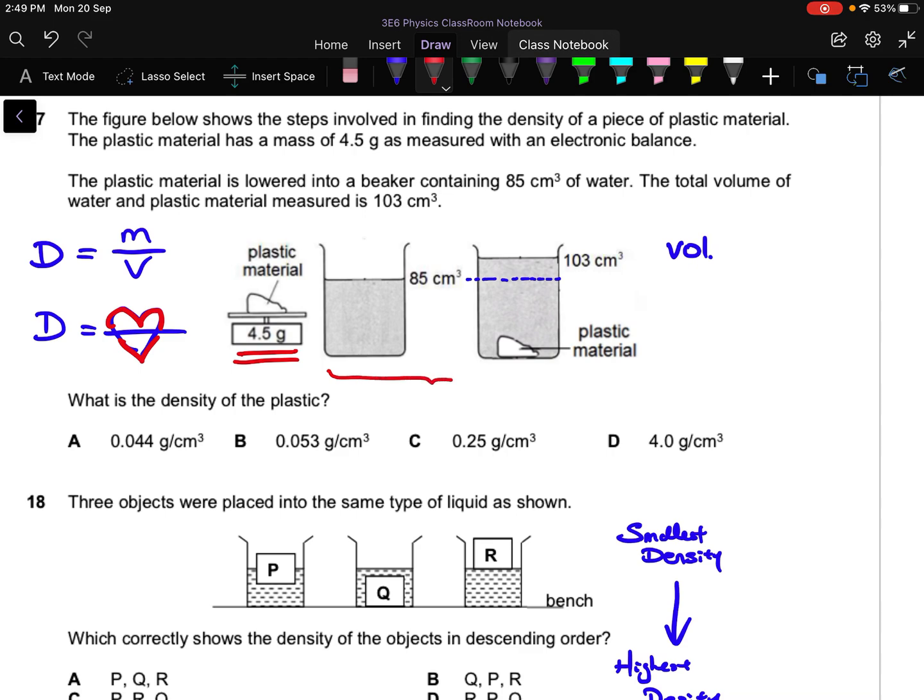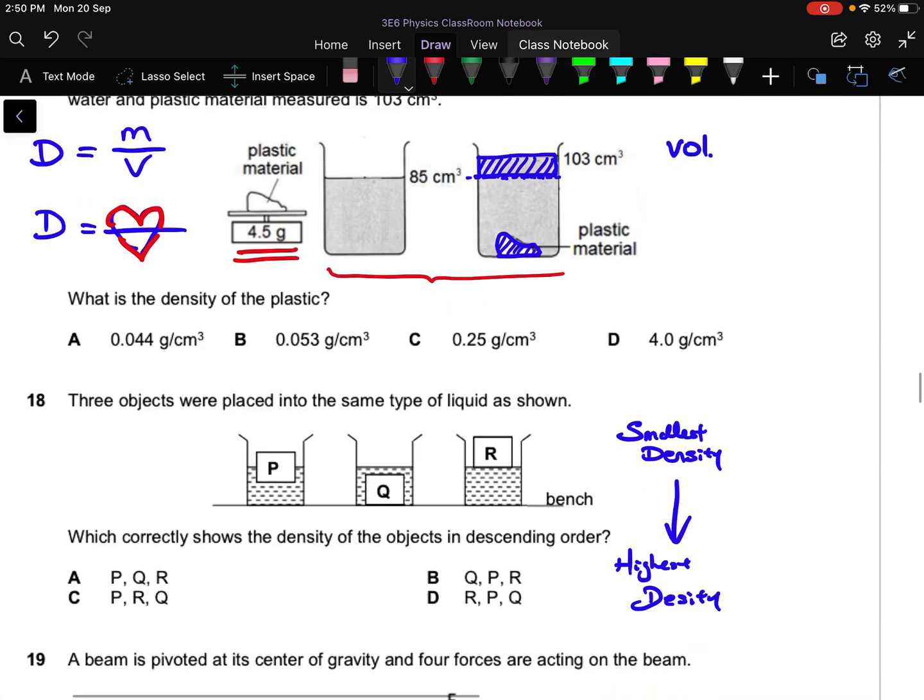To find the volume, you will need this, because you can see that after you add in the plastic material, the water level increased by a certain volume. So the amount of water that was displaced must be equal to the volume occupied by the submerged plastic material. That's how you approach this.